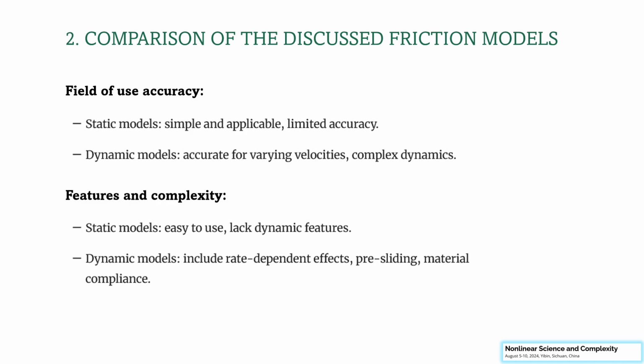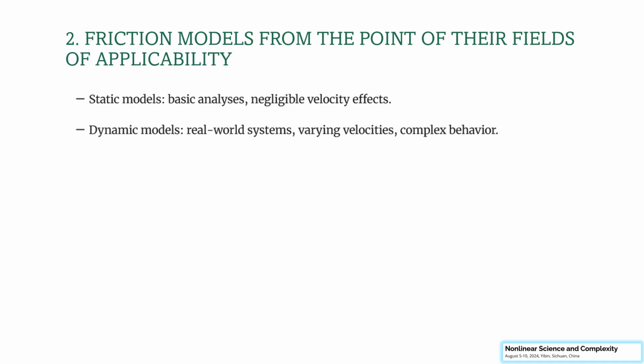Looking at the field of use and accuracy, the static models are simple and applicable, but have limited accuracy. The dynamic models are accurate for varying velocities and complex dynamics. Now, in the features and complexity, the static models are easy to use and lack dynamic features. Dynamic models include rate-dependent effects, pre-sliding, and material compliance. Basically, friction models can be static and dynamic ones.